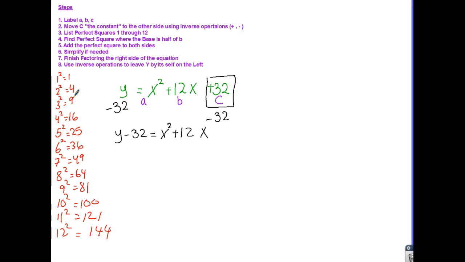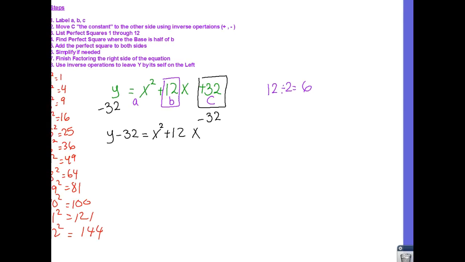So, you need to find the perfect square where the base is half of b. So I'm going to go find my b. b is 12. Half of 12 is 6. So I'm going to look at my table and look for 6.